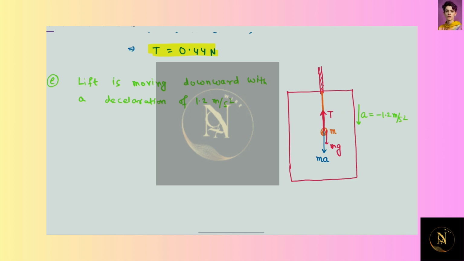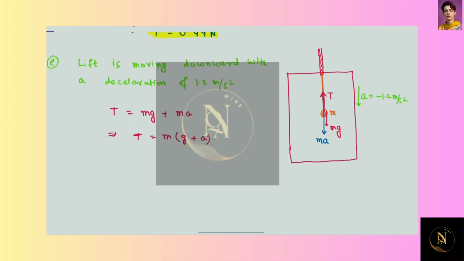So in this case, again with respect to the lift's reference frame, for the equilibrium of the bob I can write that the tension force has to be balanced by mg and ma. So T is going to be equal to m into g plus a.